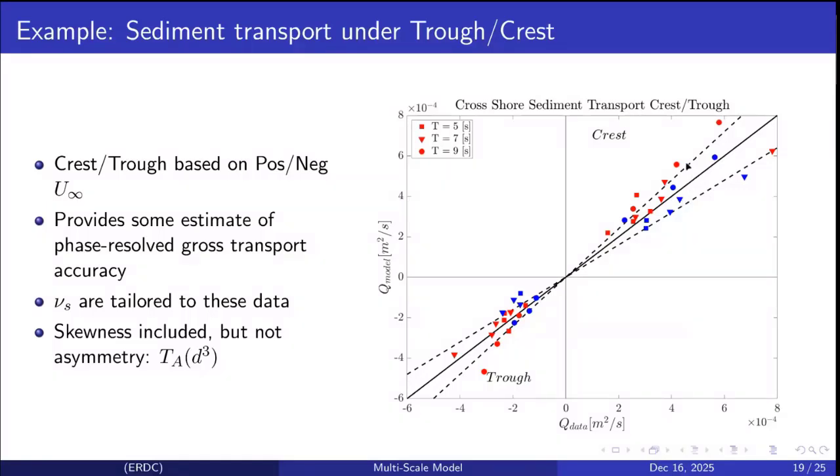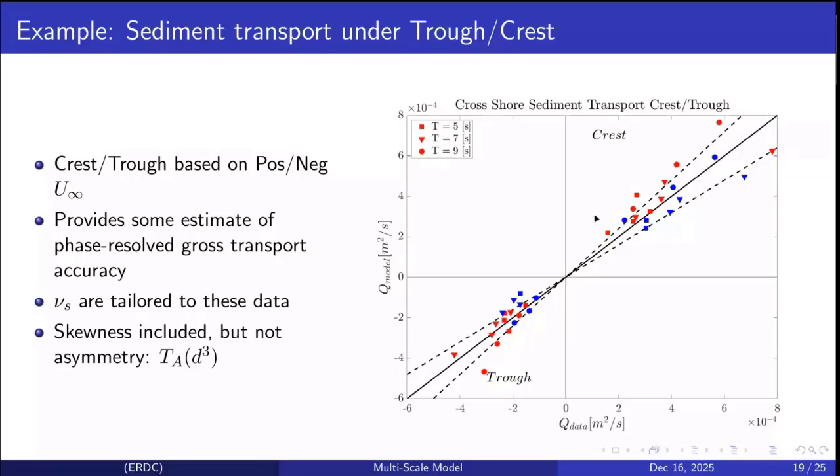If you integrate the total amount of sand that's being transported under the entirety of the crest or under the entirety of the trough for the free stream part of the velocity, and you compute that and compare it to the data, you get this 1-to-1 plot that I'm showing here with 20% error shown as the dashed black lines.